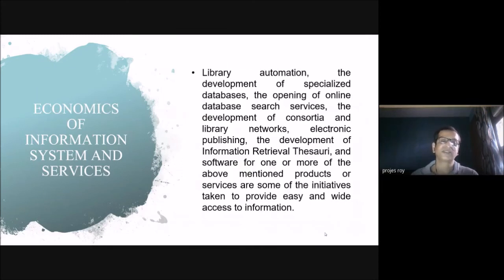Economics as an information system service: library automation, development of specialized databases, and opening up online database search services. These networks correlate with information, because you are processing information, collecting, storing, and disseminating it, for the sake of human knowledge. When human knowledge increases, then society will develop.